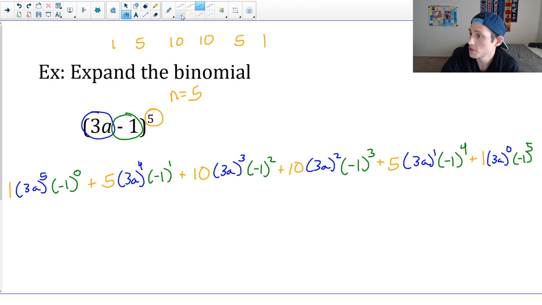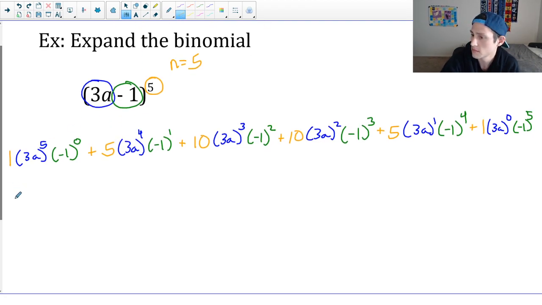And now let's actually do some simplifying. So 1 is 1. Negative 1 to the 0th power is also 1. So really it's just 3a to the 5th. What is 3 to the 5th? 243. I should have known that. So the first term is 243a to the 5th.